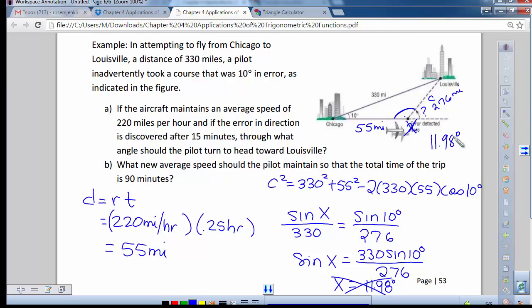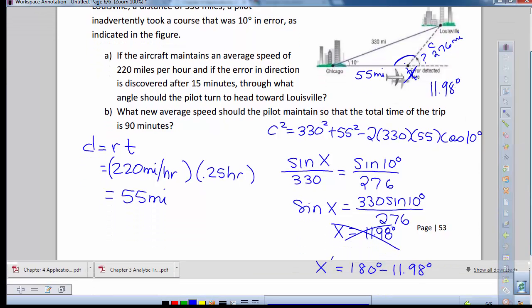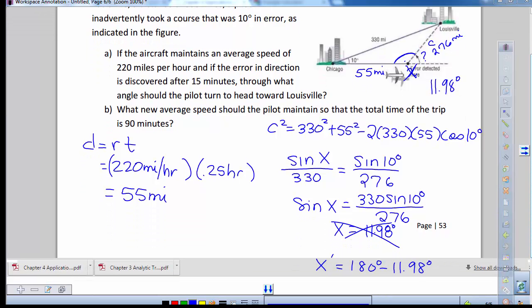It says what new speed should the pilot maintain so that the total time of the trip is 90 minutes? Well, we've already lost 15 minutes, so we're down to 75 minutes, and we still have to cover 276 miles. So we want to know the speed. We can say R equals D over T, or the 276 divided by 1.25 hours.